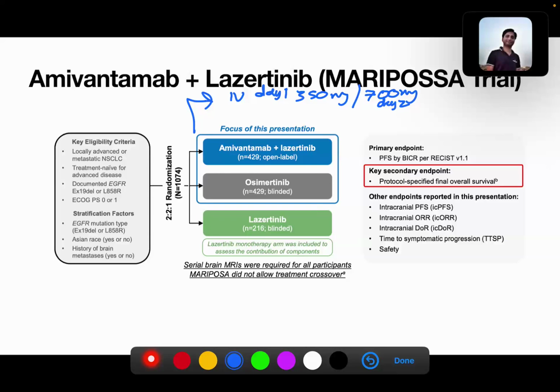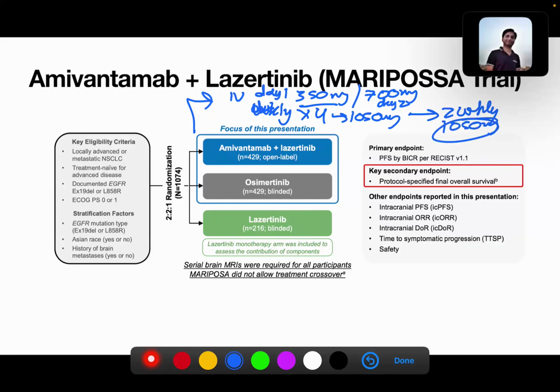To prevent that, we have distributed the doses over day 1 and day 2. Then you give it weekly for 4 more weeks at a dose of 1050 milligram. And then you switch over to 2 weekly amivantamab at 1050 milligram.